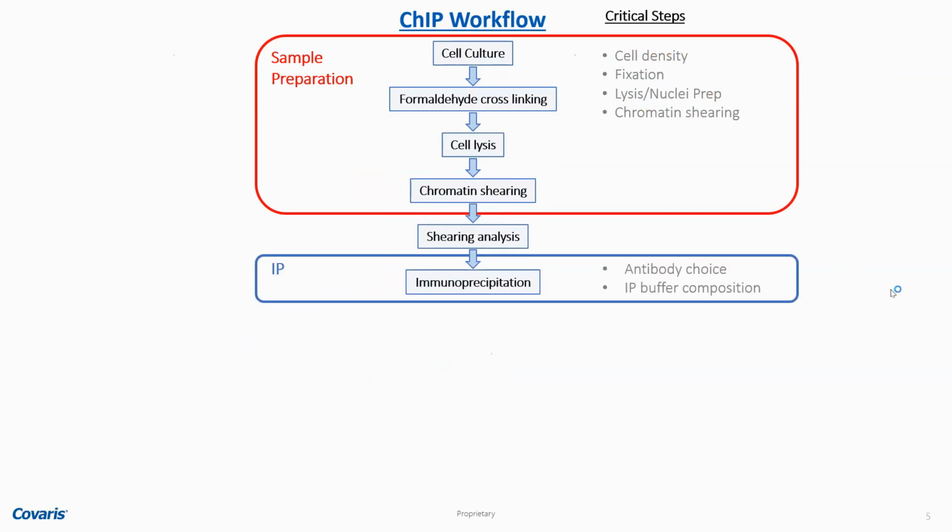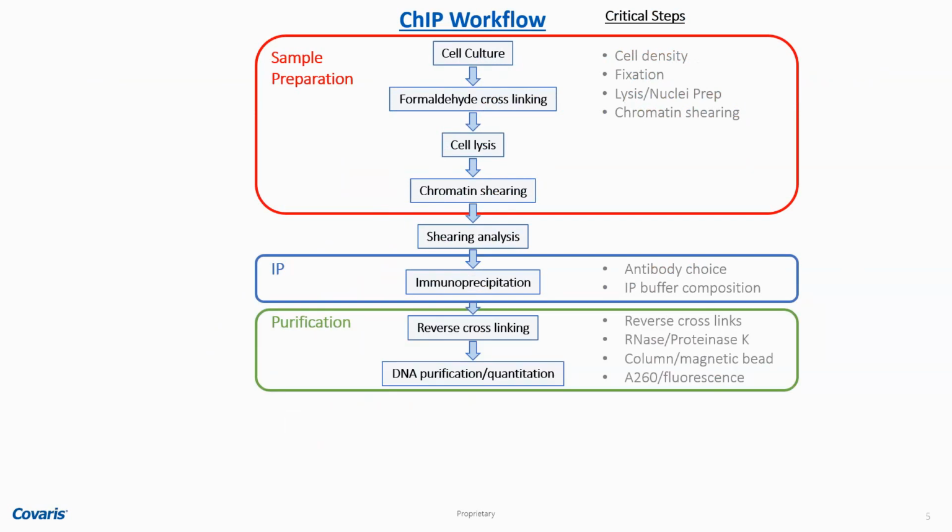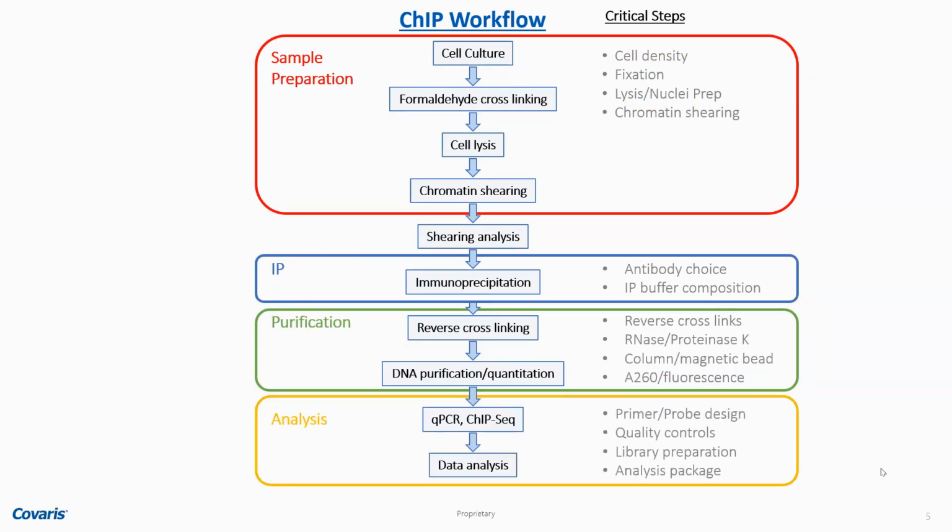You perform shearing analysis and your chromatin immunoprecipitation, followed by reverse cross-link DNA purification, and then your analysis, which can be qPCR or ChIP-seq. And Covaris helps you in the very important sample preparation step and gives you standardized solutions.